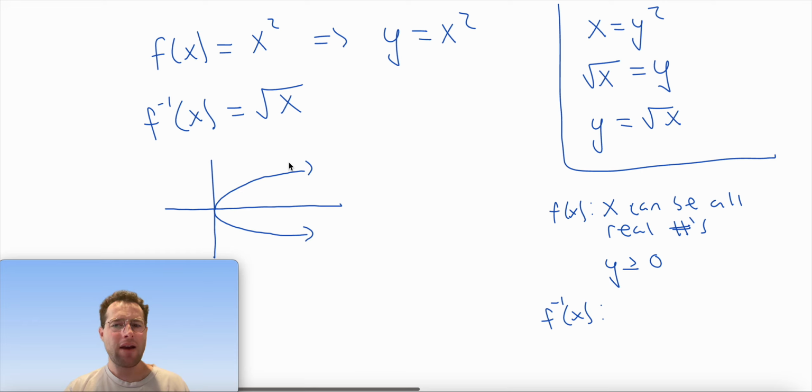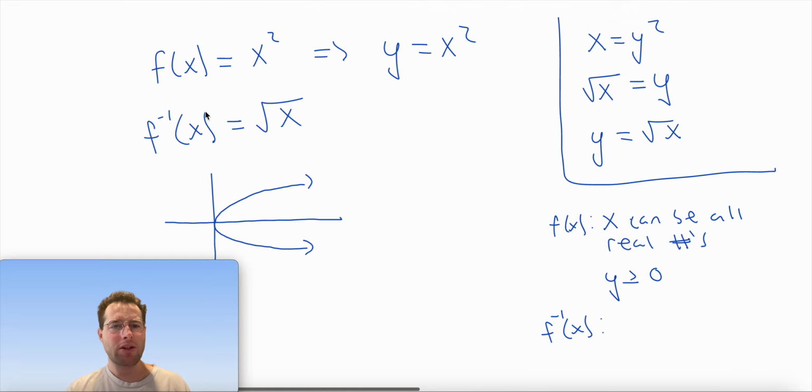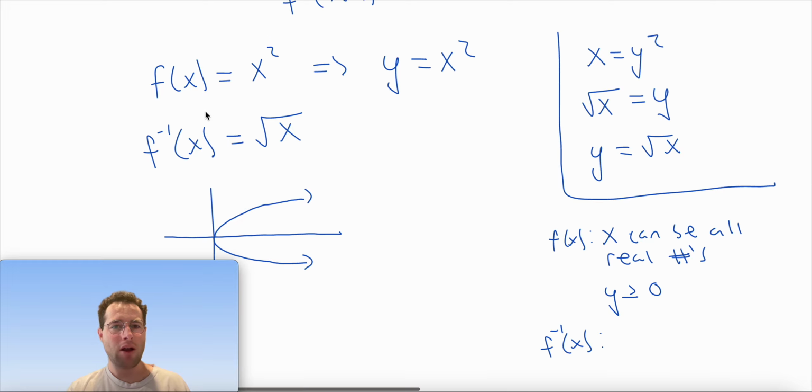And so we're going to have to restrict the domain in some sense so that our range is also restricted here. What we're going to do is restrict ourselves to only the positive x values. One way that we can do that is that the domain and range are swapped for the inverse function.